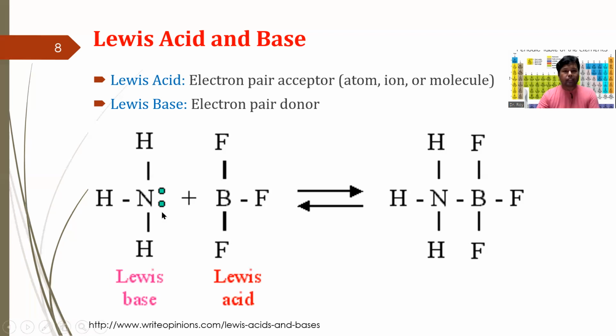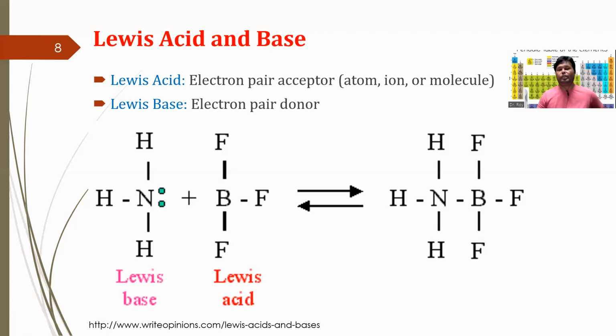When this pair of electrons is donated to this boron, remember we mentioned in another lecture that boron trifluoride does not follow the octet rule. The octet rule says every atom has the tendency to have 8 electrons in its outermost shell.